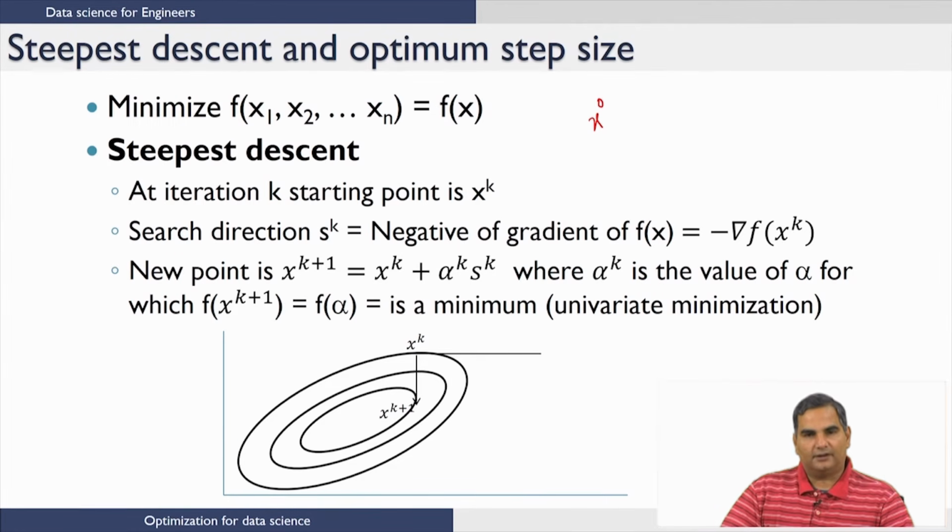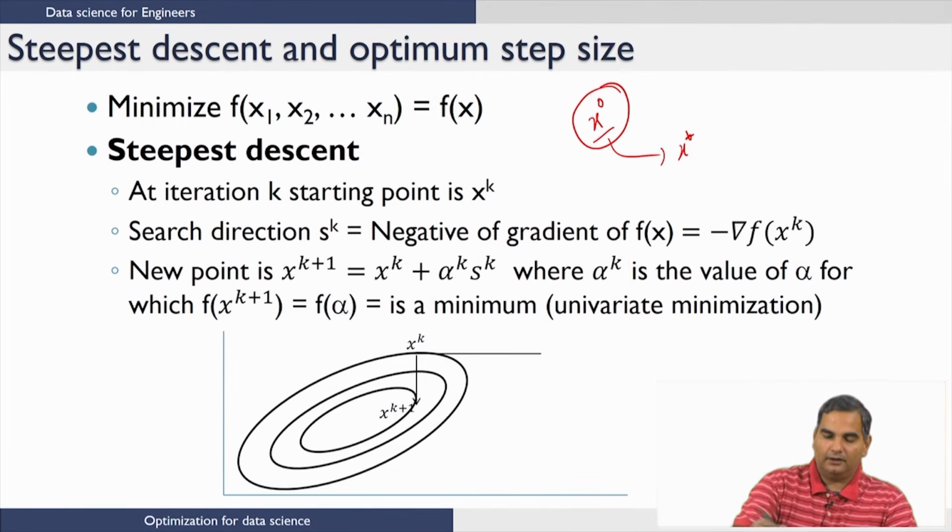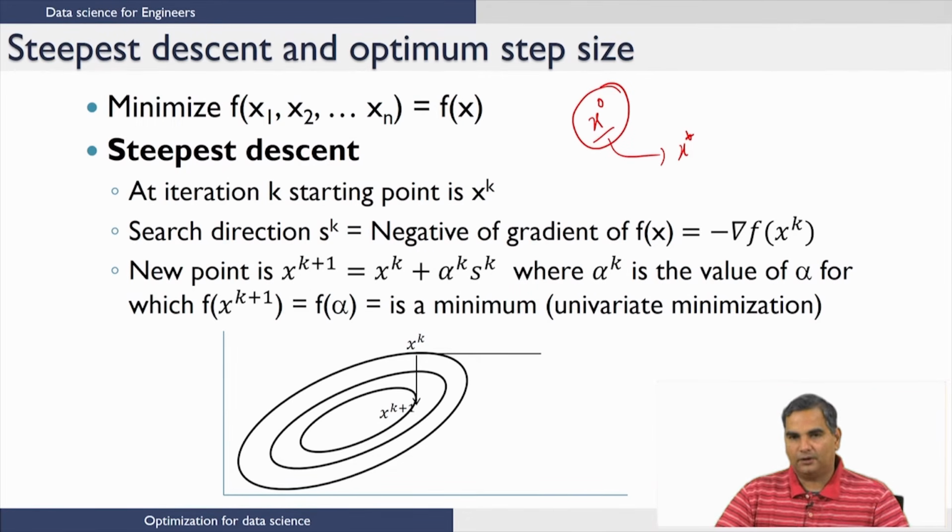All of them have to start at some point, and depending on where you start, when you go through the sequence of steps in the algorithm, you will end up at some point, let us call x star. In many cases, if the problem is non-convex, that is, there are multiple local minima and global minima, the point that you end up at depends not only on the algorithm, but also on the initial point that you start with.